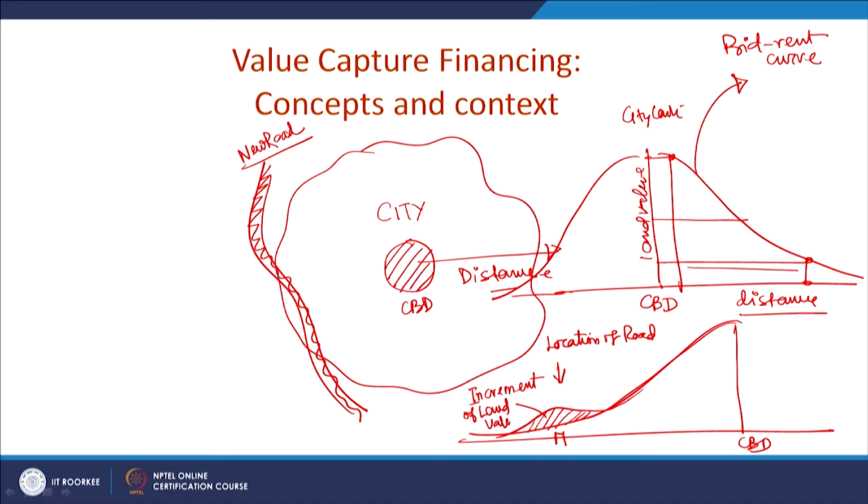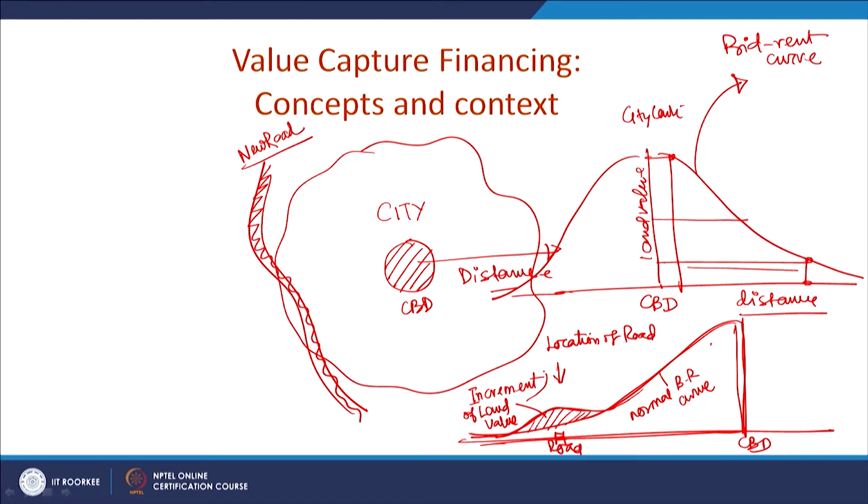So, this increment, and this is the road. I am just showing it conceptually so that it is understandable. This is the normal bid rent curve or land value curve, and because of the new infrastructure project the curve changes like this.